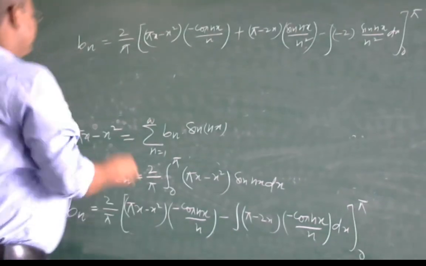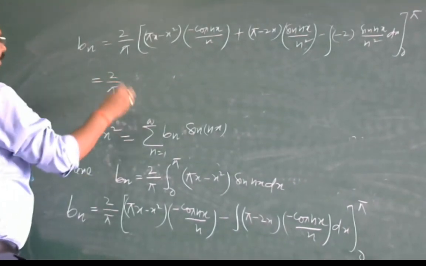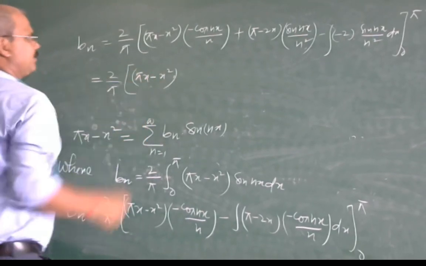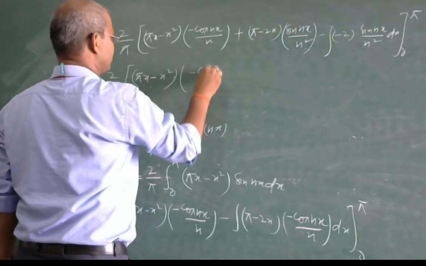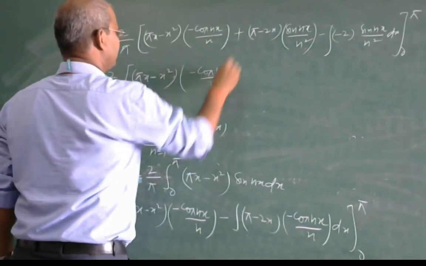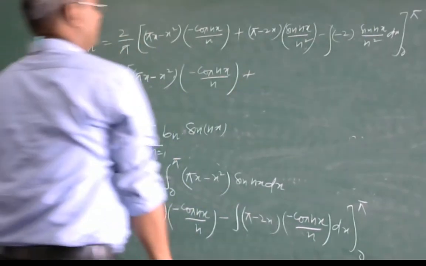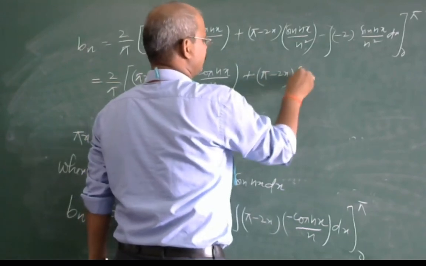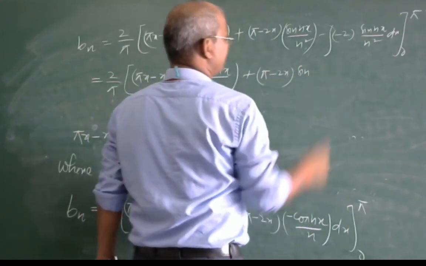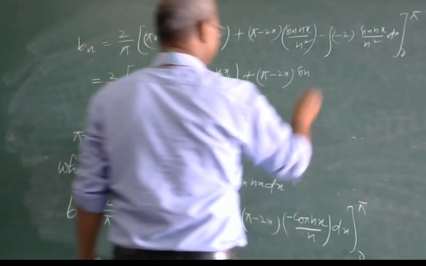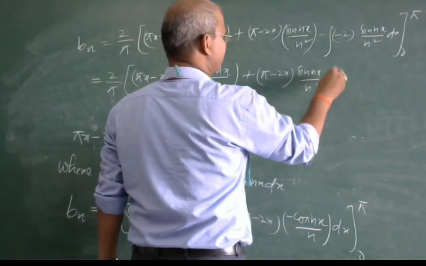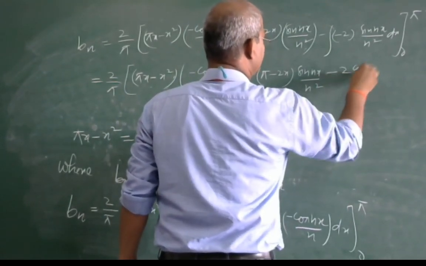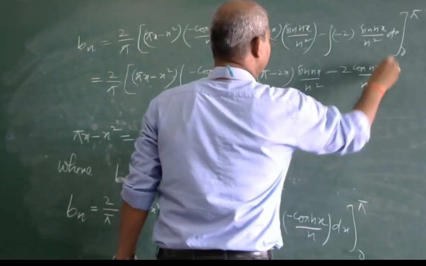Okay, so then after, 2 upon pi, bracket pi x minus x square, minus cos nx upon n, plus pi minus 2x, sin nx upon n square, plus 2 times minus 2 times cos nx upon n cube.